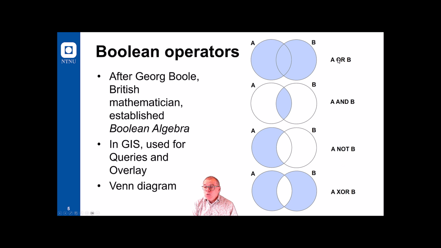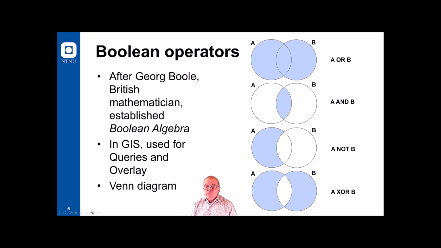Most common is OR and AND. So OR is the most inclusive of these operators. So everything which belongs to set A or belongs to set B is included. So the blue shading here is then the response to the request. So this is what will be selected based on this query.